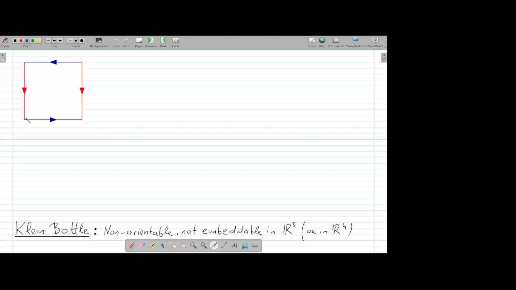But now consider the bottom and top lines and do the identification in an opposite way. So we have somehow to twist the circle at the bottom so that it matches the circle at the top. Then we obtain a manifold that is topologically inequivalent to the torus, and it's called the Klein Bottle.